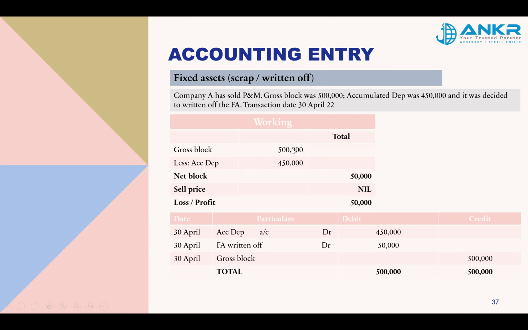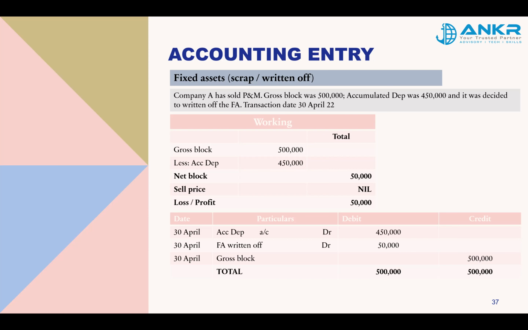You have to just write off the net book value, which is there in the books, right? So gross block is 5 lakh rupees, and accumulated depreciation is 4 lakh 50,000, right? And net block is how much? 50,000, and the company has decided to write off this asset, right?